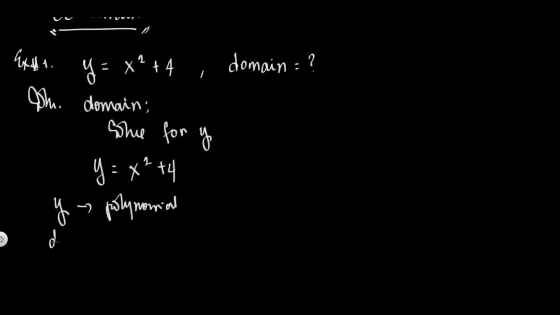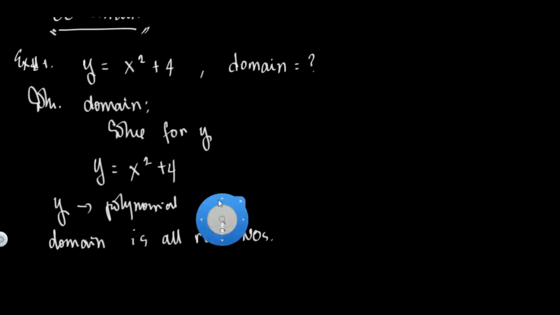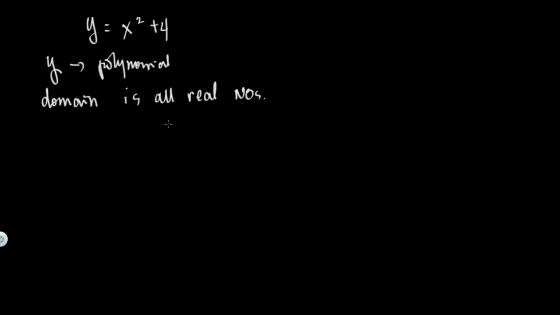Ang sagot dyan, ang magiging domain natin is all real numbers. Lahat pwede. Pwedeng 0, pwedeng 1, negative 1, negative 2, positive 4, so on and so on. Walang tigil. Basta real numbers.